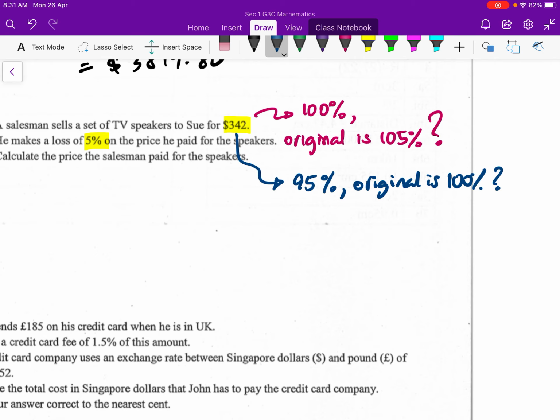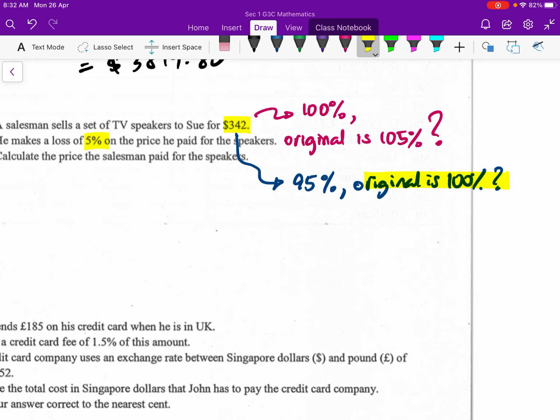Red or blue? Because I can see both of them, there's a difference of 5%, right? There's a loss of 5%, what? So, red or blue? Blue, how do you know? It is correct, blue is correct. But how do you know? Original is 100%. Whatever you compare with is our 100%.